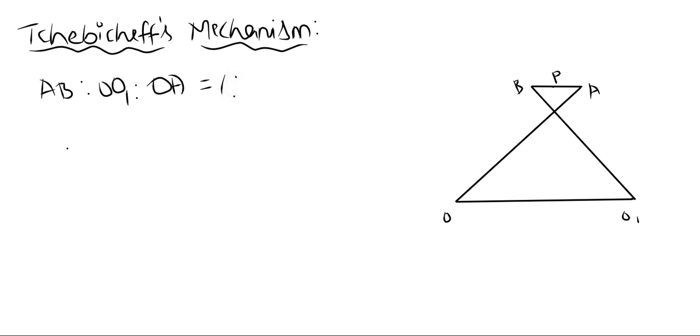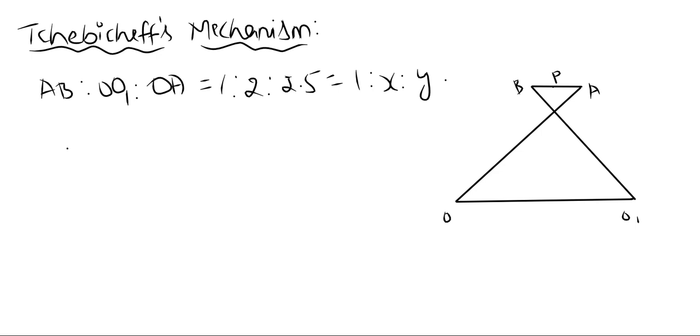So that is 1 is to 2 is to 2.5. This is what we have to show here, or it can also be given as 1 is to x is to y.